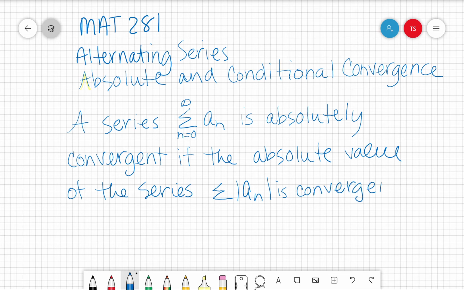So you can have an alternating series. Let's just say this a sub n has (-1)^n times a sub n.